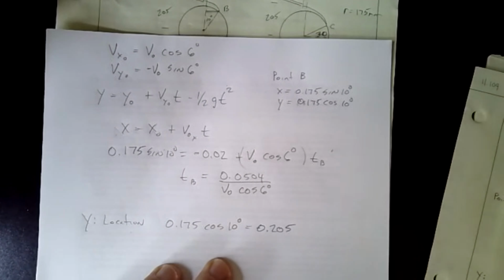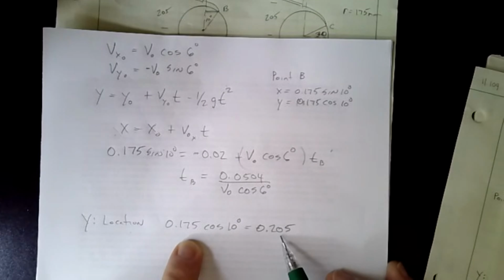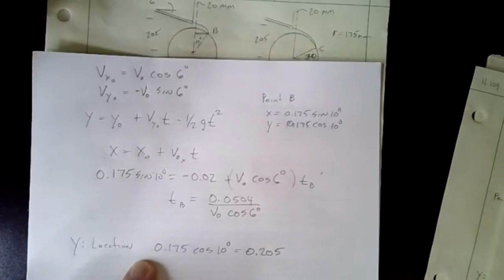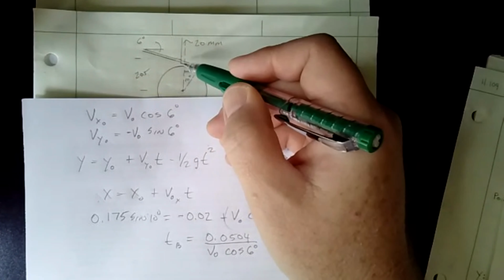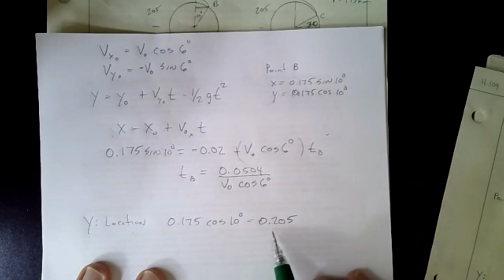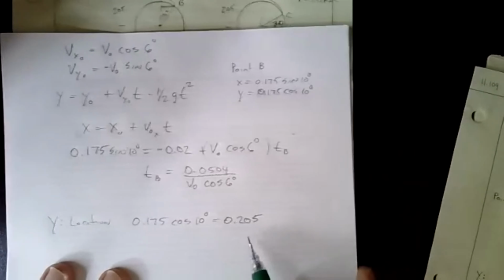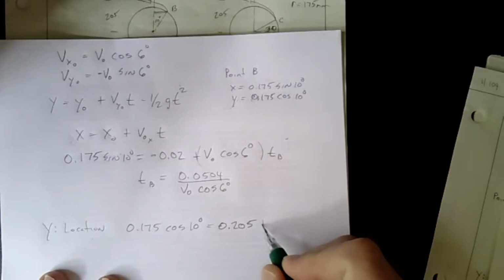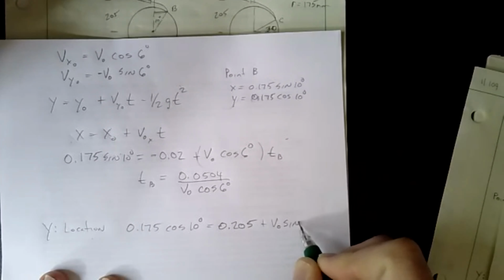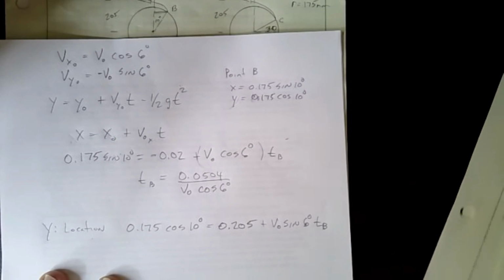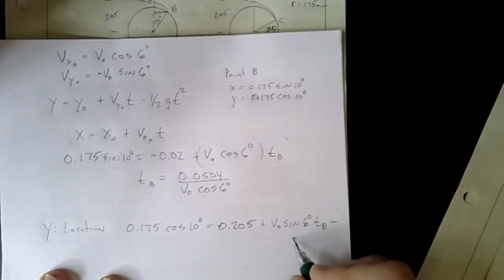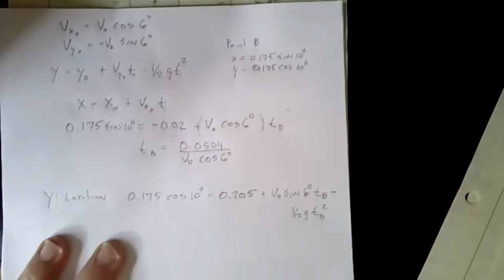Sorry, I was looking at the O2. The 0.205 is the initial height, which is this height here. That's where it's starting from, and then it's ending at 0.175 cosine 10. So it's starting higher than it's ending. And then that's going to be plus V naught sine 6 degrees times TB, and then minus 1/2 g TB squared.